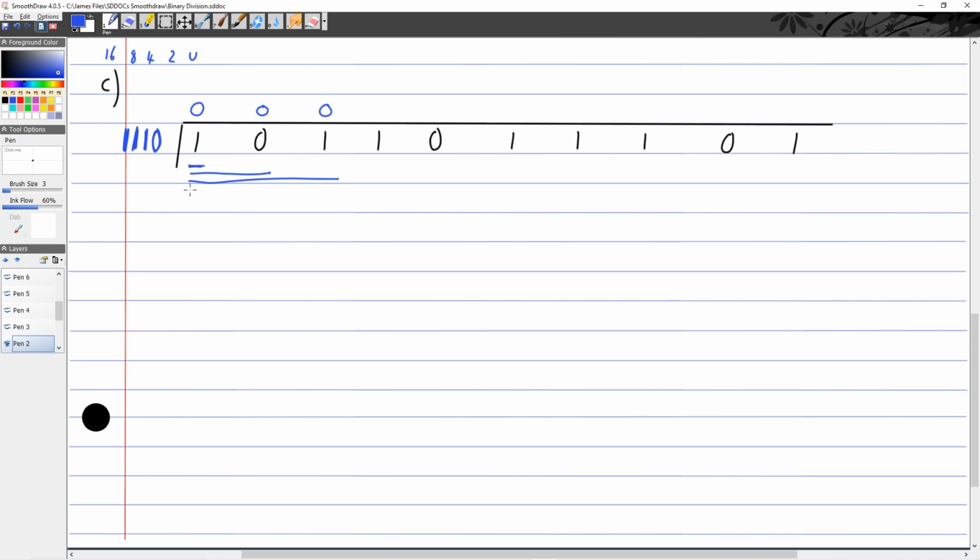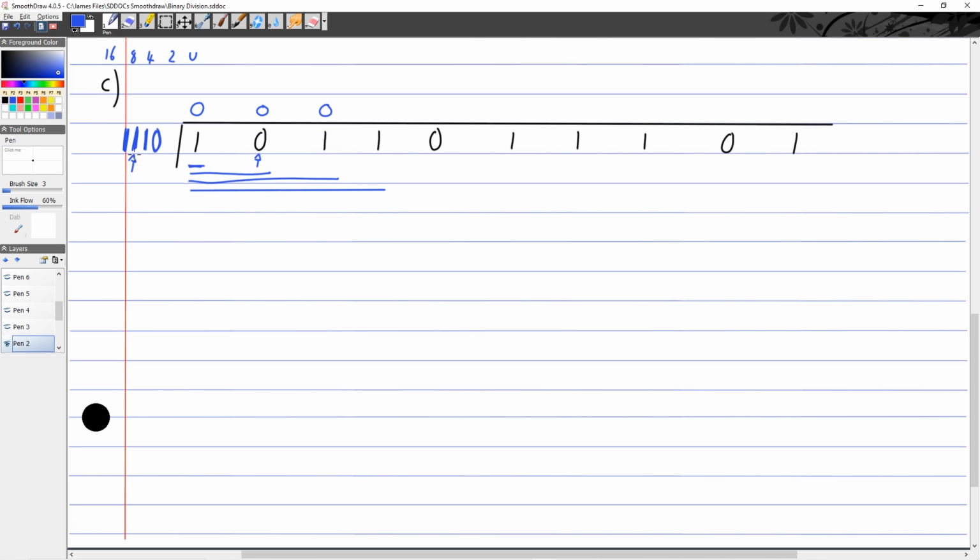It cannot fit into a 3-bit number. So we look next. Can 1110 fit into 1011? Although they're both 4-bit numbers, if you notice, they both have leading ones, but this has a 1 as a second digit, and this has a 0 as the second digit.